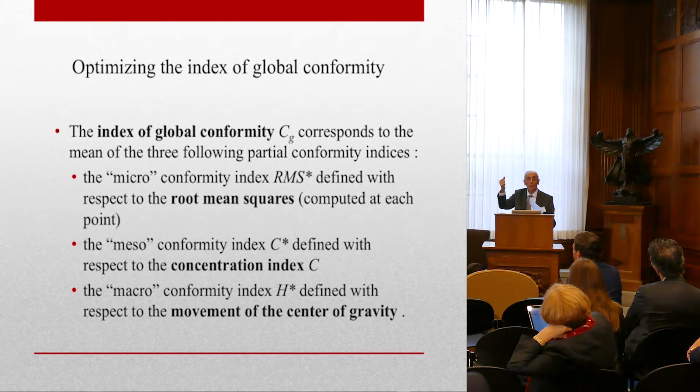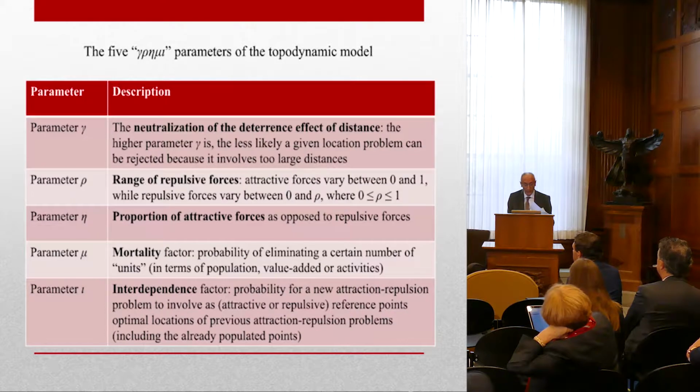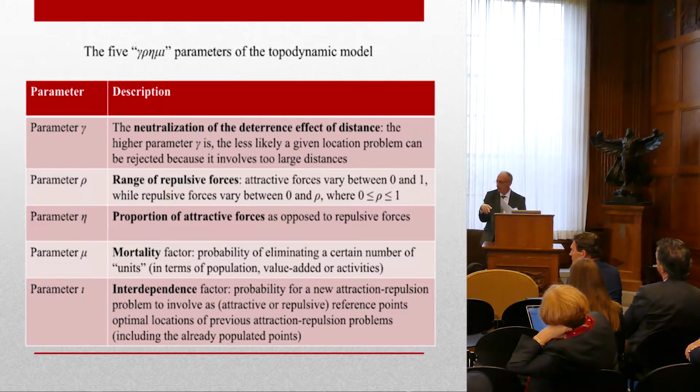The problem is to find the value of the 5 parameters such that we can reproduce on a computer the observed evolution of a locational system, both of population and of production.